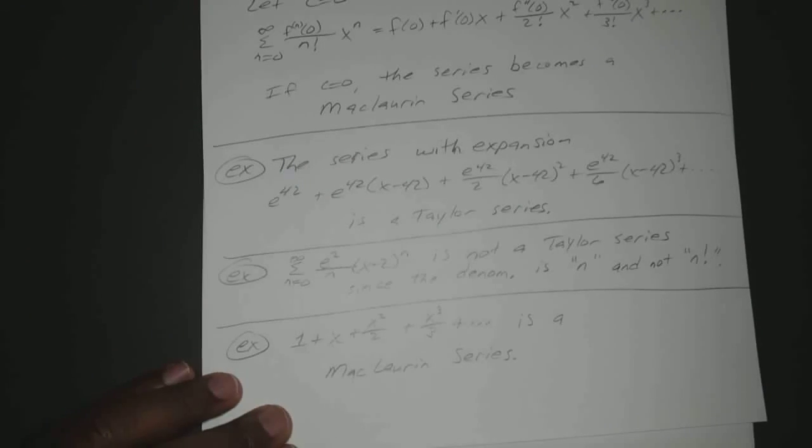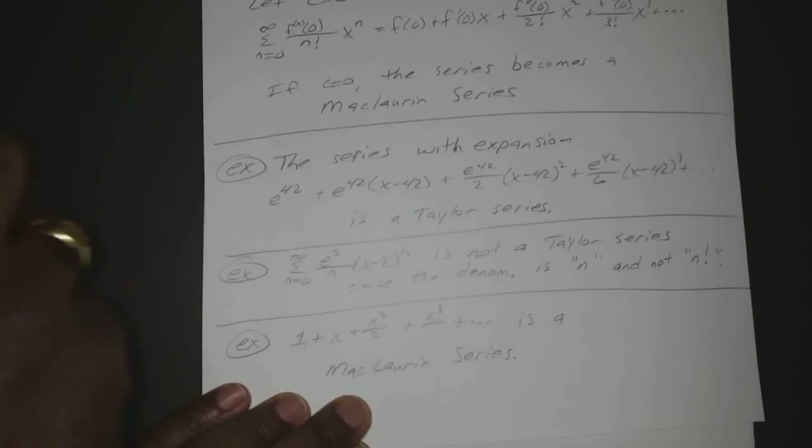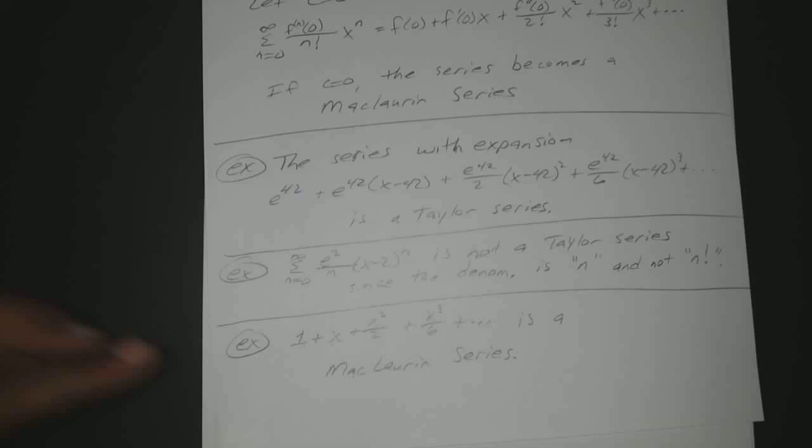Actually, that should have been 3 factorial, which is just 6. Yeah, that was it. Thank you. Was that what you were going to point out? Yeah, that confused me. All right.